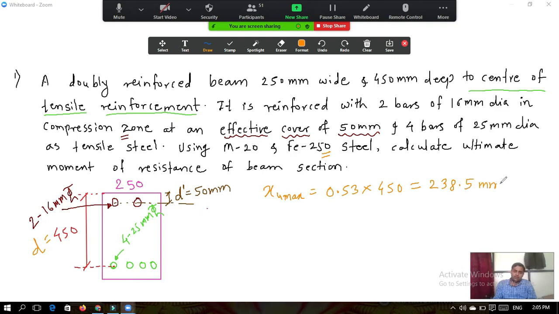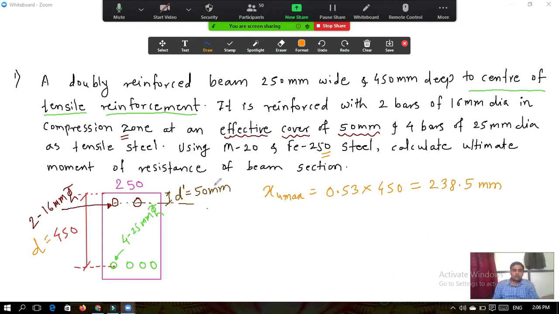I don't have the answers of these numericals. You have to tell me the answers. These are unsolved problems. These types of problems are asked in the exam. I have taken these problems directly to solve in this lecture. So you have to calculate the values on the calculator and tell me the answers. So XU max is 238.5.